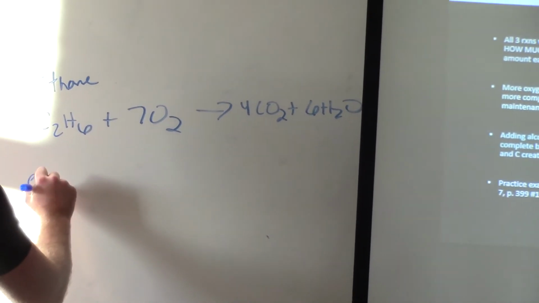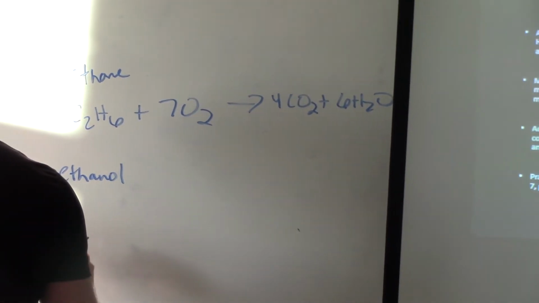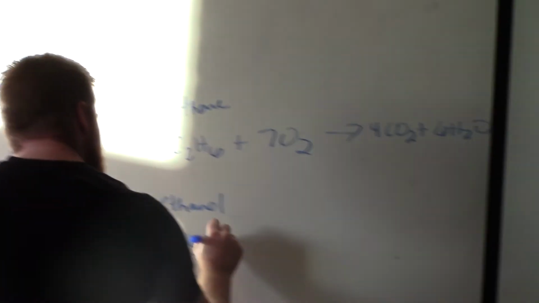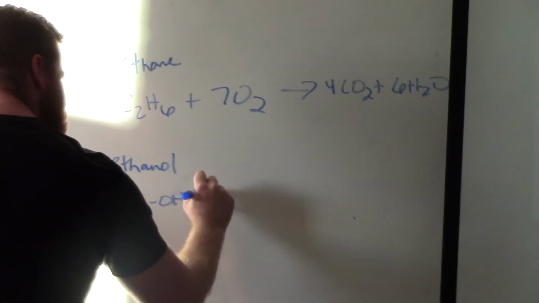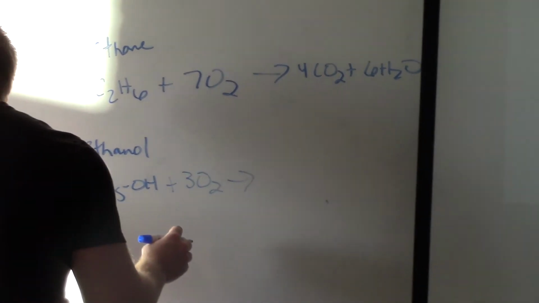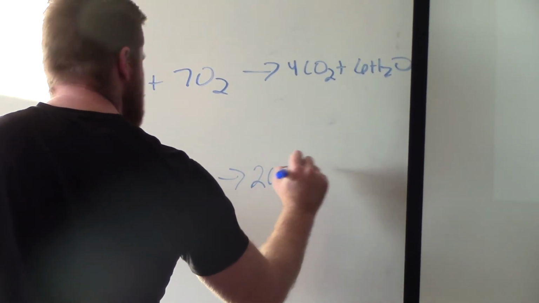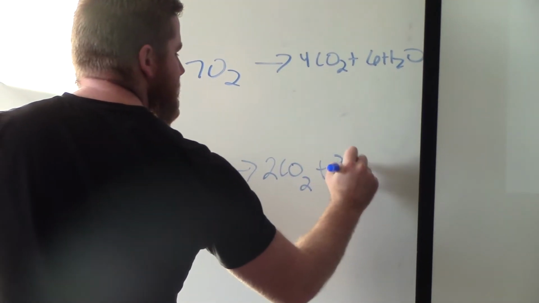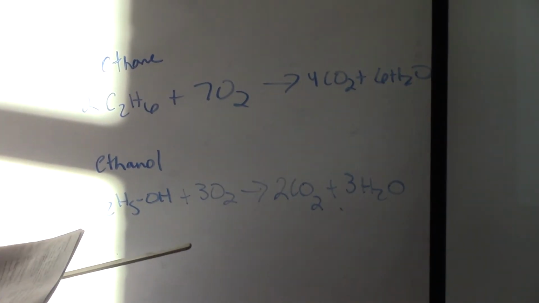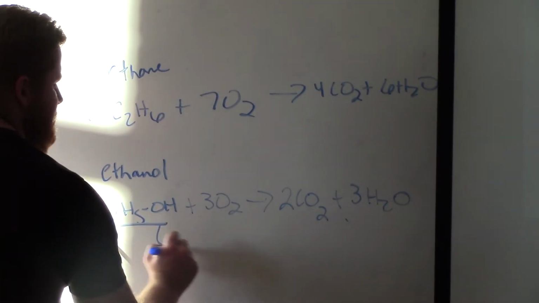And then we look at ethanol, which makes 2CO2 plus 3H2O. Okay, so if I look at adding the ethanol itself, the ethanol burns cleaner.